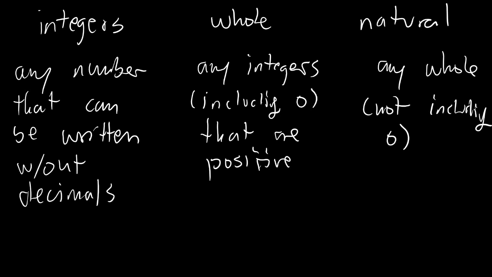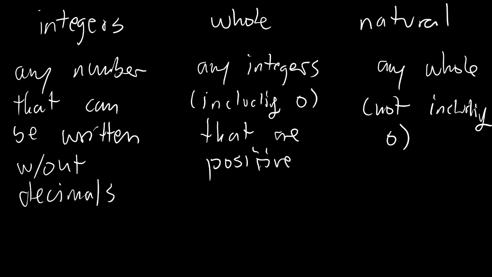Whole numbers are any integers including 0 that are positive. So for example, -5 would not be a whole number. It is an integer because it doesn't have a decimal point, but it's not a whole number because it's negative. So -5 is not, but 1 is a whole number. 10 is a whole number. 15 is a whole number. 100 is also a whole number.